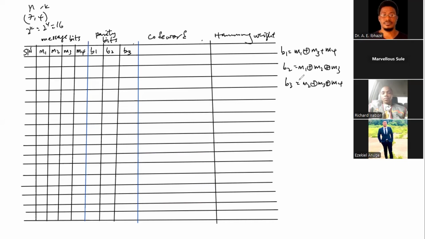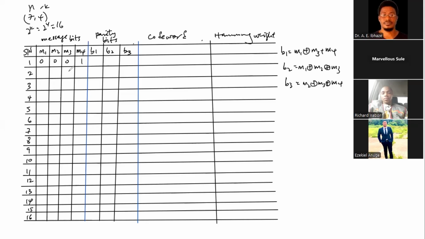Okay. So here we have serial numbers 1, 2, 3, 4, 5, 6, 7, 8, 9, 10, 11, 12, 13, 14, 15, 16. So we already know when the first bit is turned on here, that will be 0, 0, 0, 1.